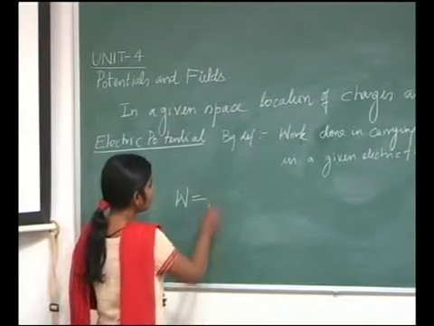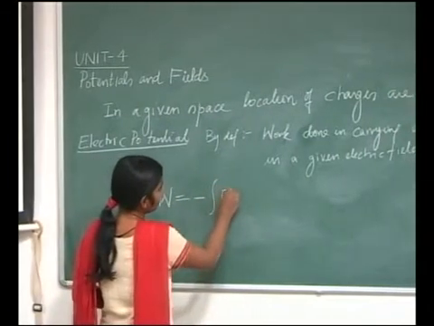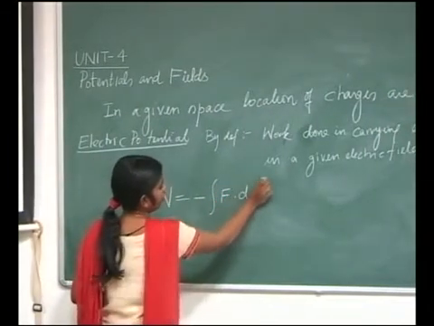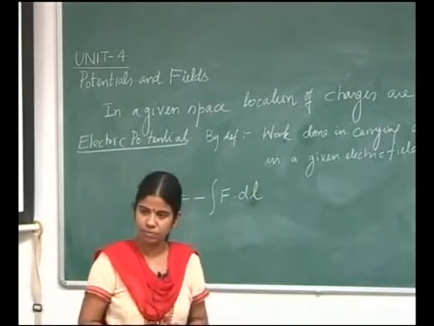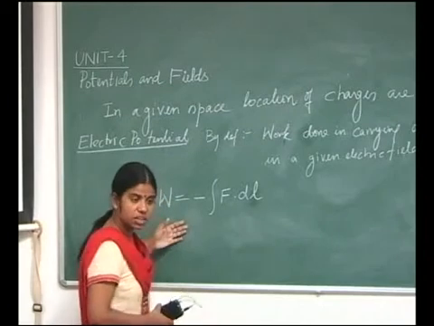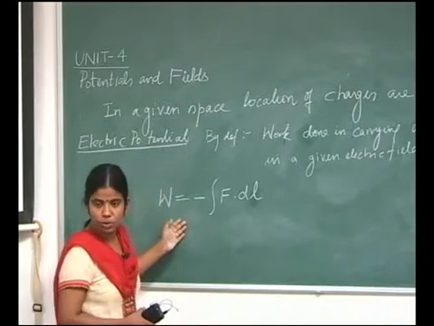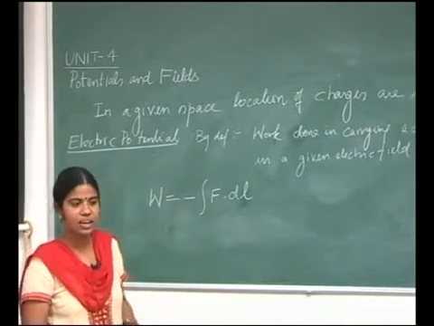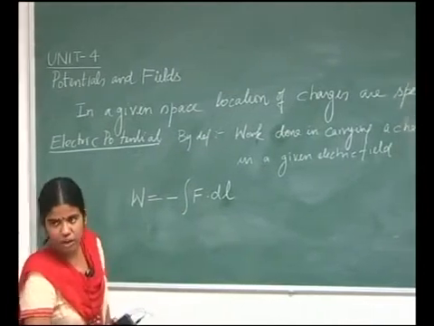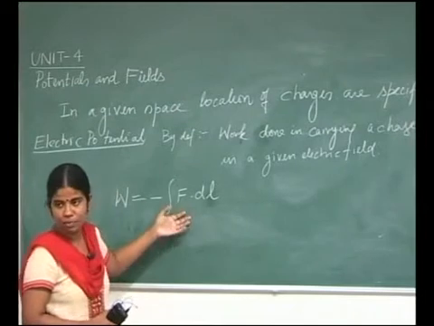So, I can write that W is equal to F dot dl, where dl is the displacement vector. Okay. This is the traditional definition of work done. W is equal to minus F dot dl, minus sign just because I am working in the direction opposite to the given field. Now, what kind of force field it is, I am not yet bothered.